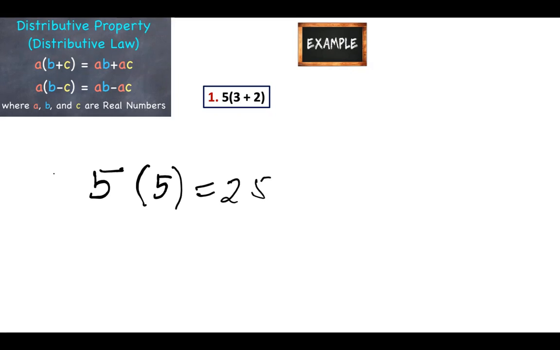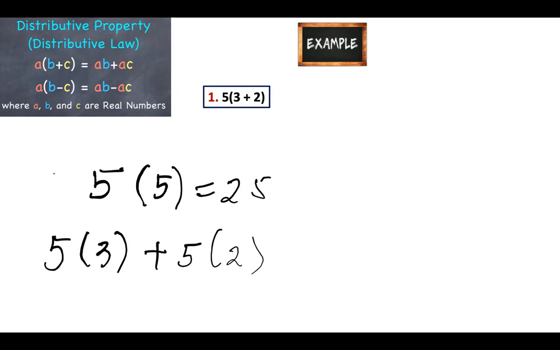But now because we're using just numbers, later on we'll be dealing with some letters. But according to the distributive property, just for our review, you can actually just multiply first 5 times 3 plus 5 times 2, which means that you are distributing 5.